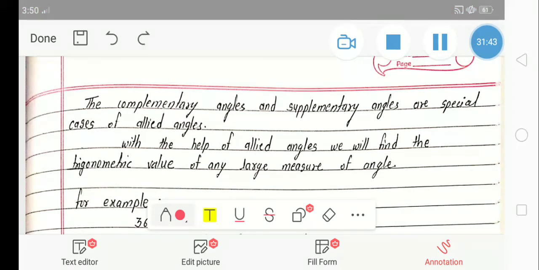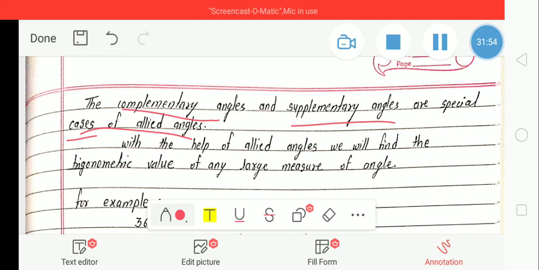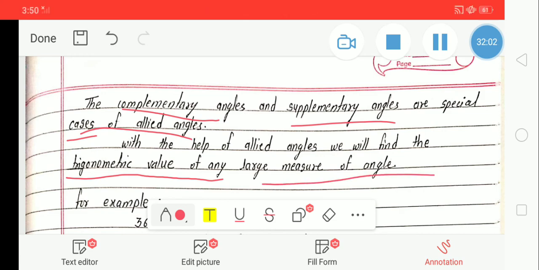Complementary angle and supplementary angle are special cases of allied angle. With the help of allied angles, we will find the trigonometric value of any large measure of angle.